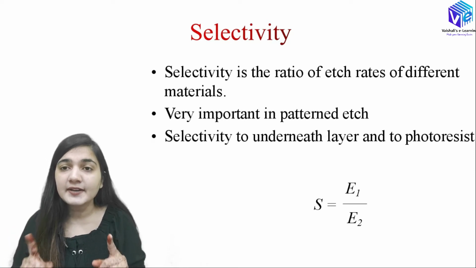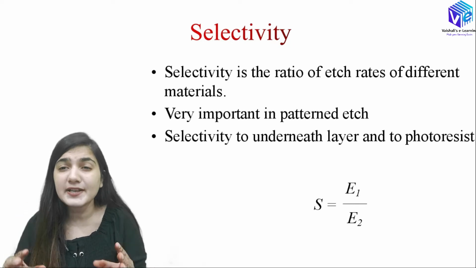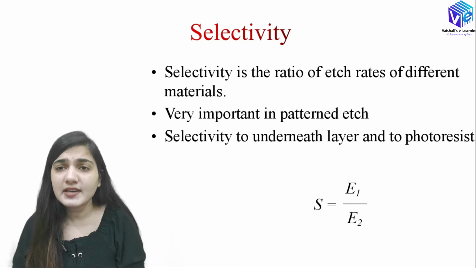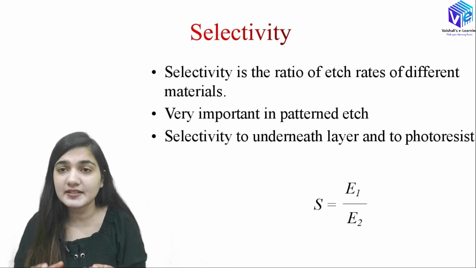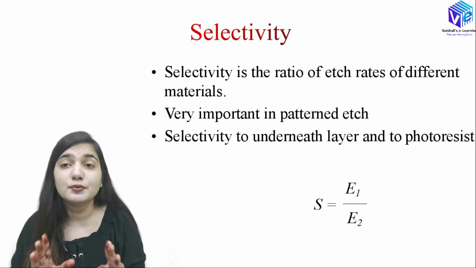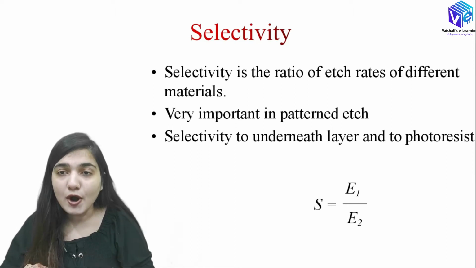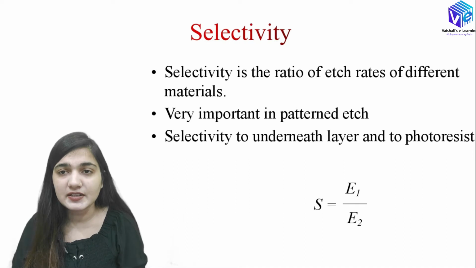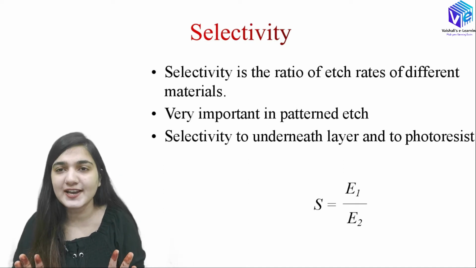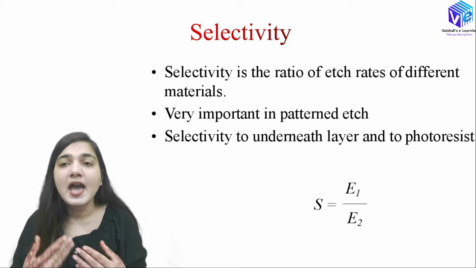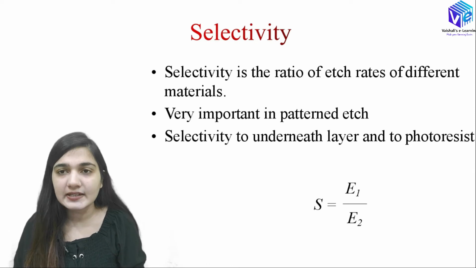For that, the chemical or physical process that I am using must be selective to the silicon dioxide only. As soon as it reaches the silicon surface, it should not do the etching process. It should completely avoid etching the silicon surface, and it should completely etch the silicon dioxide surface. This is what we want, and this parameter is called the selectivity.